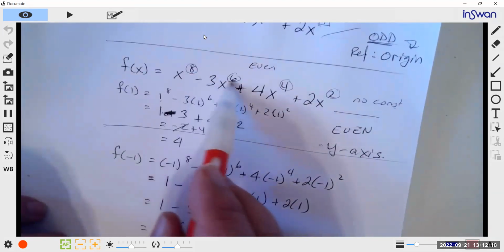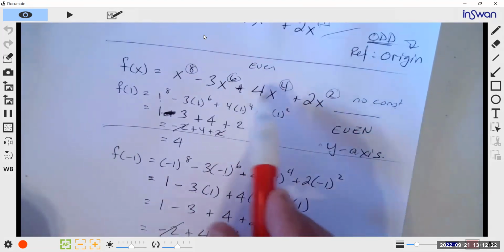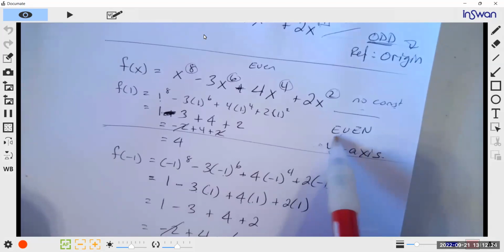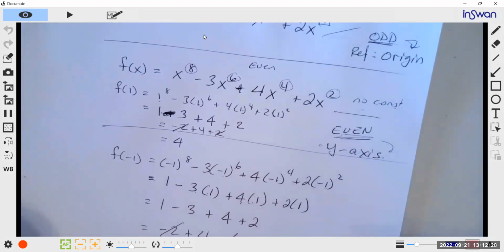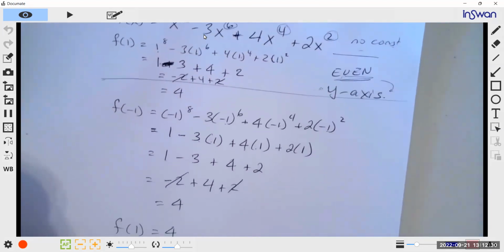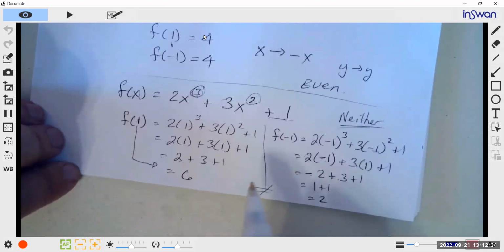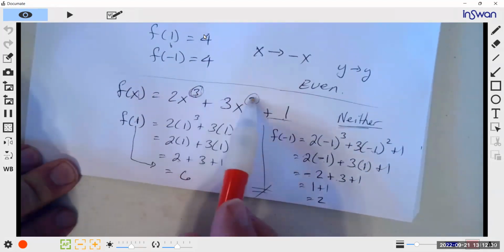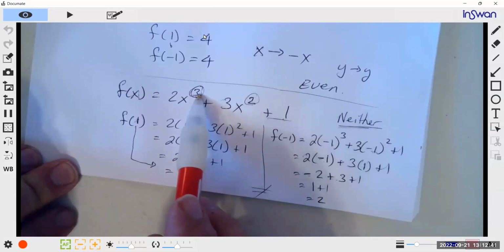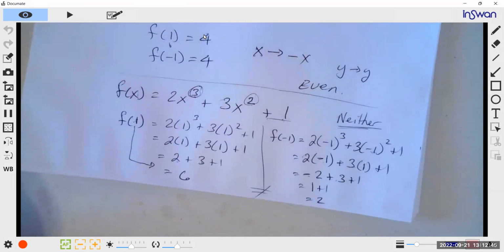If you have only even integers, or only even integers with a constant, then you have an even function. That's symmetric about the y-axis. The problem comes when you start mixing exponents, odds and evens, neither. Odds with a constant, neither. So that's a shortcut.